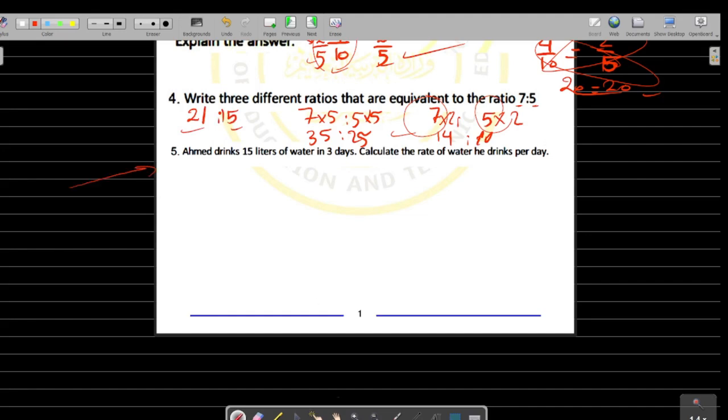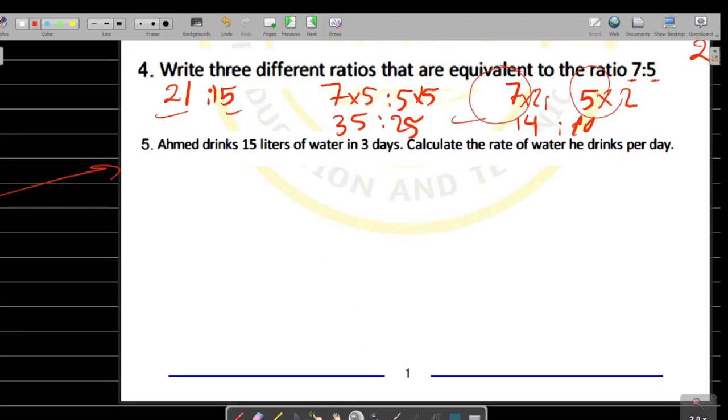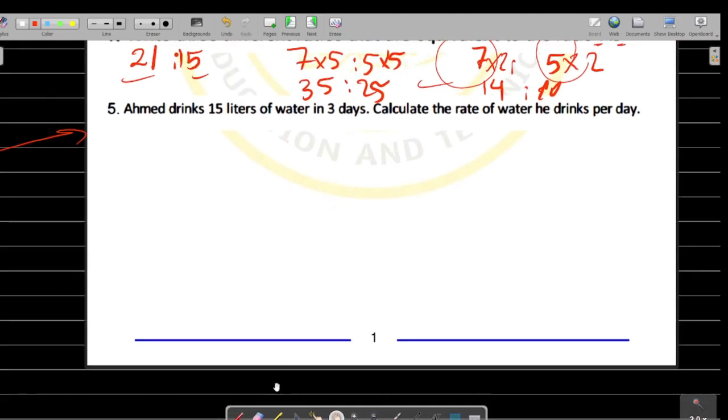Okay, number 5. You can see here Ahmed drinks 15 liters of water in 3 days. Calculate the rate of water he drinks per day. Per day means in 1 day only.